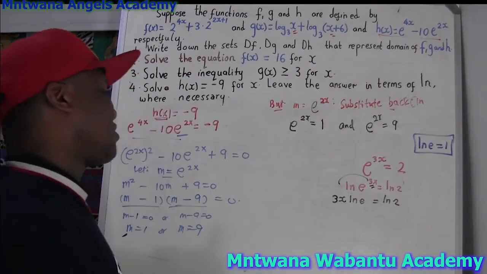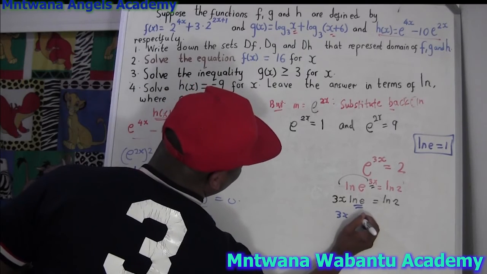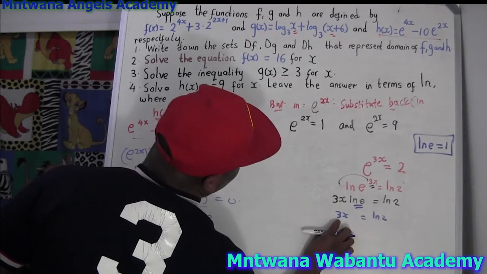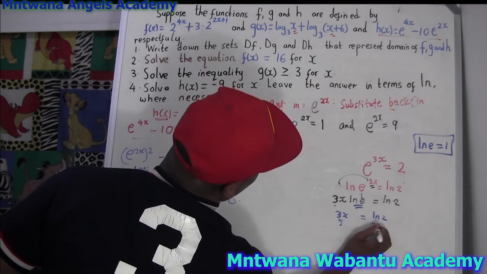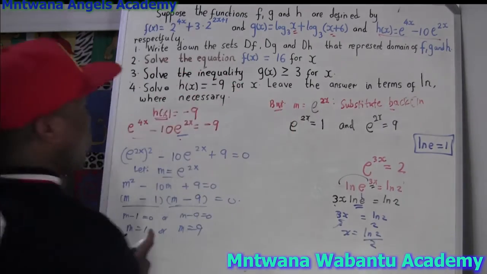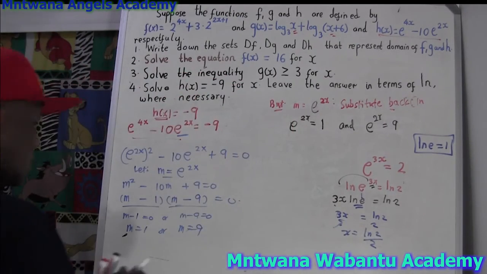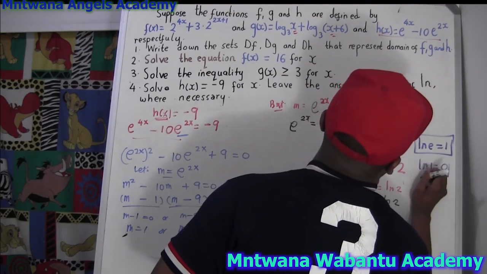So it's 3x times 1 equal to 3x equal to ln of 2. Divided by 3, so my x equals ln of 2 over 3. Only if you have an e. And another thing you should note also, ln of 1 equals 0.